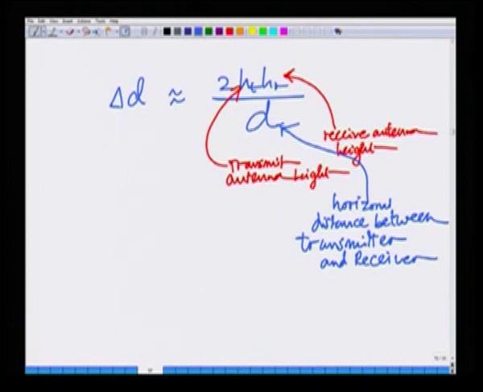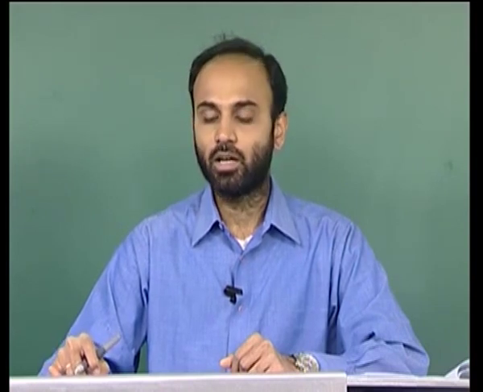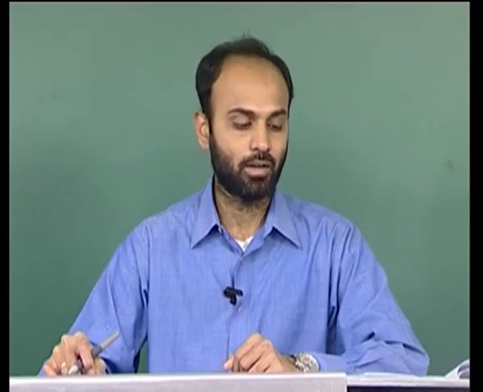Okay. So, this is what we have. We said delta d, which is the difference between the paths dg minus dLOS, is equal to 2 ht hr by d, where ht is the transmit antenna height, hr is the receive antenna height, and d is the horizontal distance between the transmitter and the receiver.